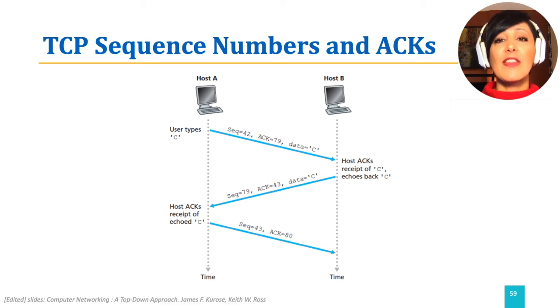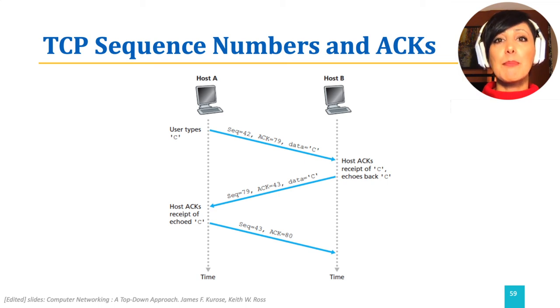Remember that this sequence number is byte sequence number in TCP, meaning that now host A is starting the communication with byte 42 and acknowledging that it will be expecting byte with sequence number 79 from B. When C is sent from A to B with these sequence numbers, letter C is 1 byte. Therefore, the sequence number will increase by 1 in the next communication.